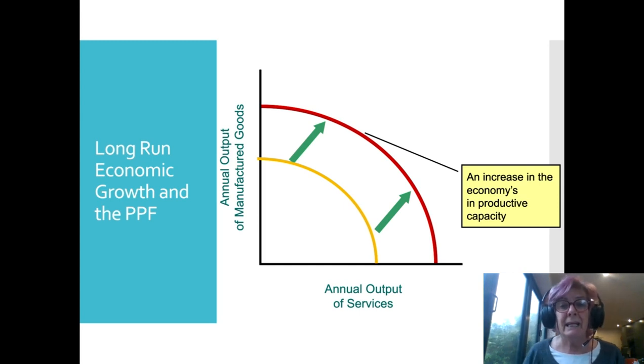But what we see here is not so much a movement towards the PPF, but an actual shift in the PPF itself. We see in this diagram that the whole production possibility frontier has shifted out from the yellow line to the red line.